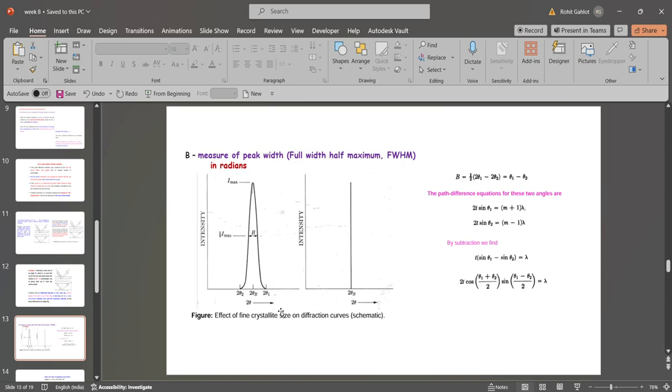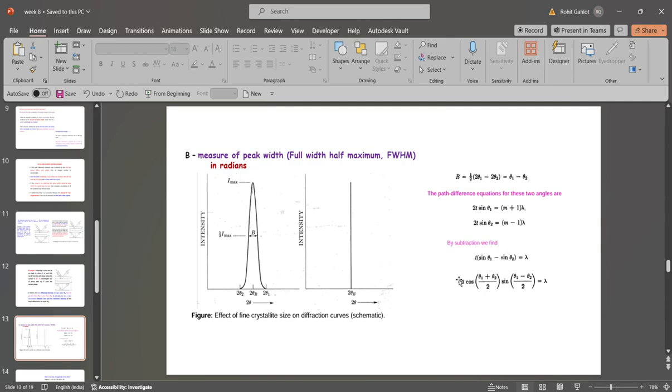So this is the effect of fine crystallite size on diffraction curves. If you take the difference between these two, it will be half of 2 theta 1 minus 2 theta 2, that is theta 1 minus theta 2. The path difference equations for these two angles are 2t sine theta 1 equals m plus 1 lambda, and 2t sine theta 2 equals m minus 1 lambda.